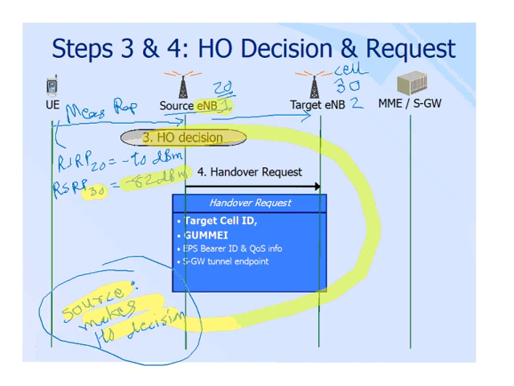Now we need to make sure that the target E node B has adequate resources to support the handover. So that's why, using the X2 interface, the source is sending the handover request message.